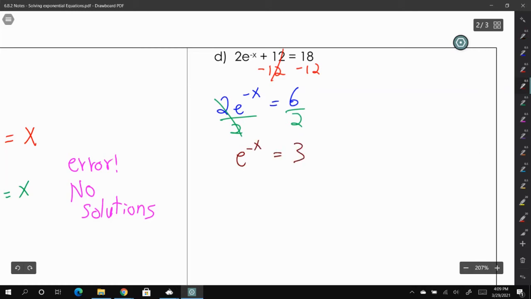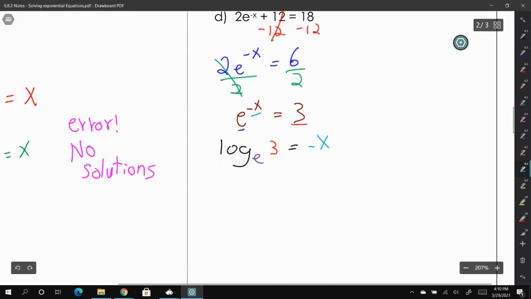So now that we have our base by itself, we can convert this to a log. Our log is base e. Our other number is 3. And our exponent is negative x. So from here, there's two things you could do.